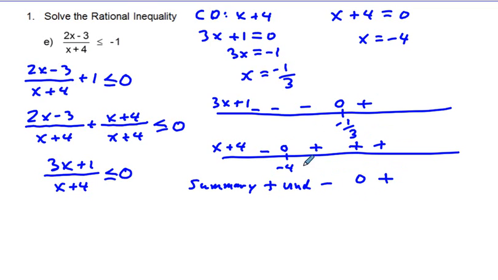So we are interested in less than. So we will conclude that (2x minus 3) over (x plus 4) is less than or equal to negative 1 on the interval of, and we look for the negative here, and we first see negative starting at greater than negative 4, and that all the way up to negative 1/3.